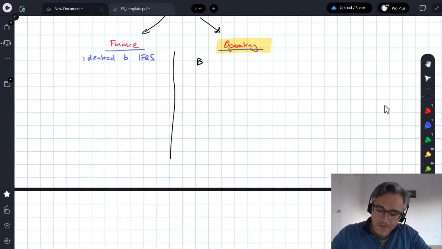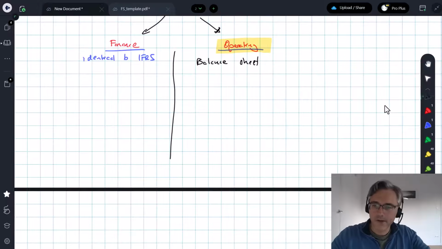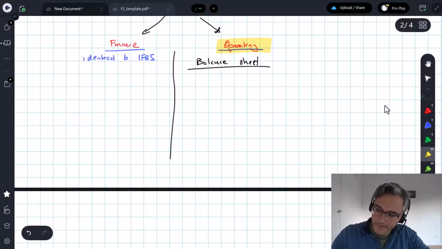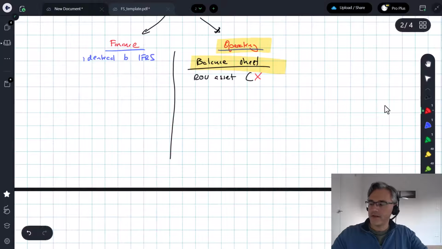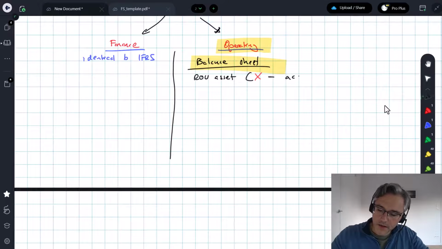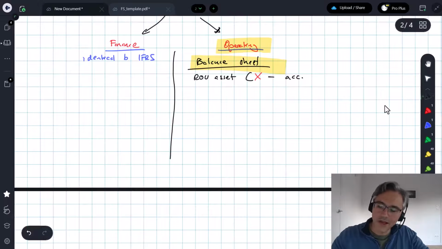Right, in the balance sheet of the lessee, we've got the right of use asset. And this is held at the initial present value of the lease payments minus accumulated amortization.